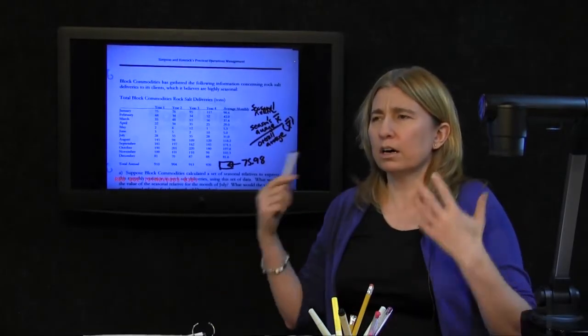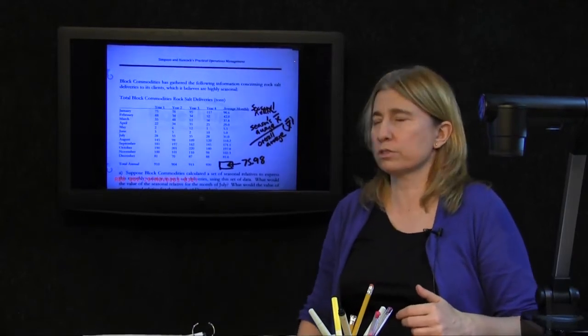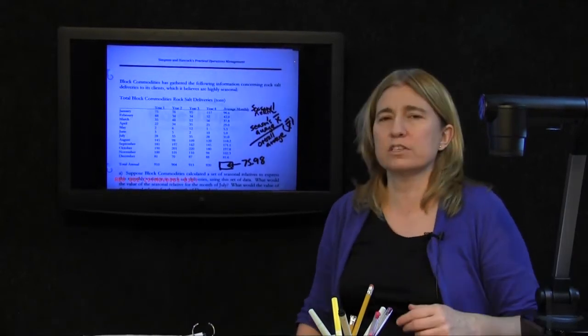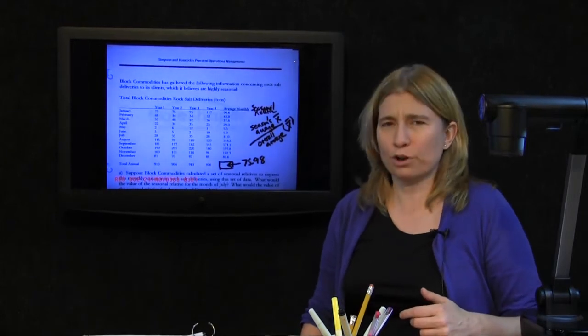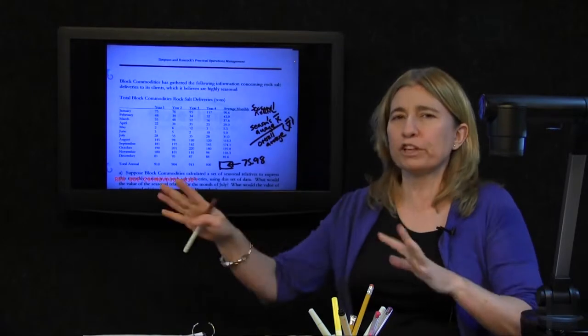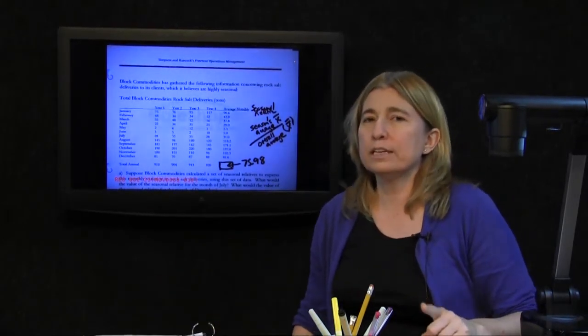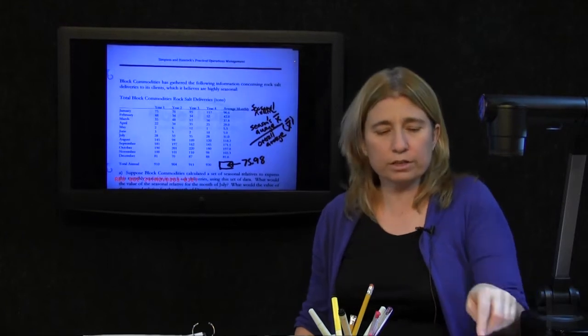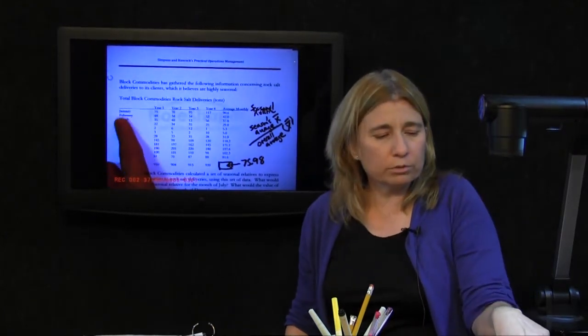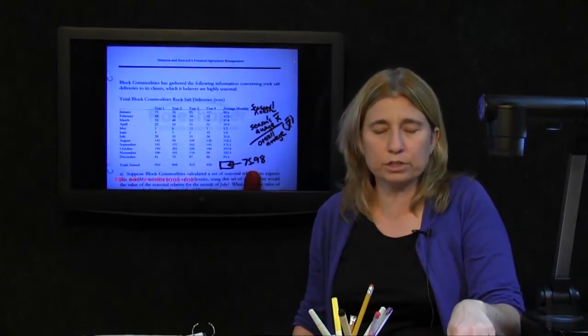It means that on average, Block Commodities delivered 75.98, basically 76 tons of rock salt every month. Just a flat average. It's the average of the averages. I'm going to need that to calculate the seasonal relatives, because each seasonal relative value for each month would be the ratio of the actual average to that number.